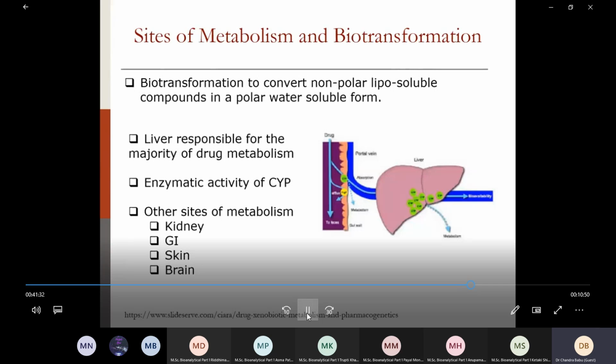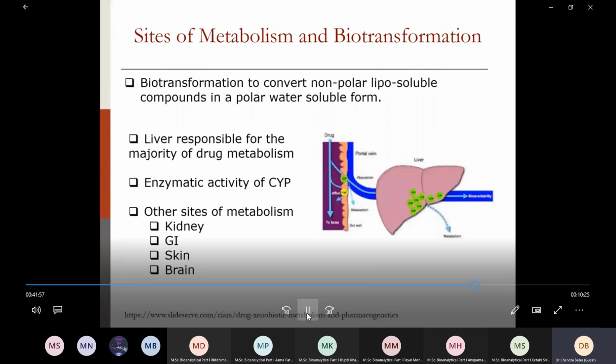Where does that happen? That can happen in different organs of the body. However, it's mainly the liver that is the organ responsible for the majority of drug metabolism. And it happens in the liver, but the ones that are really responsible for that are a group of enzymes, specifically a family of enzymes called cytochrome P450.